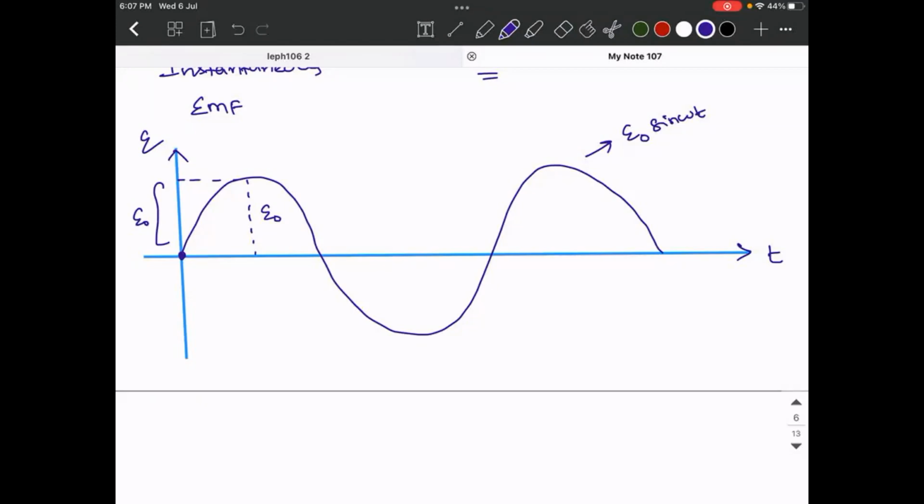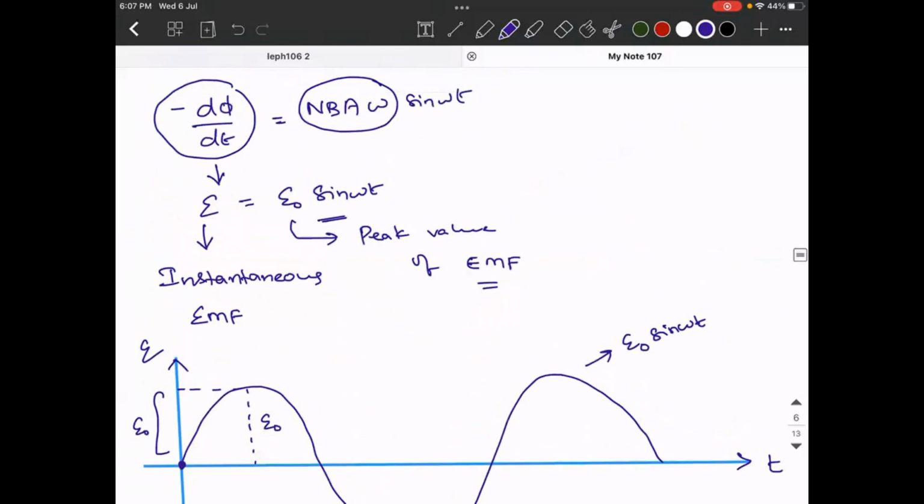Is this fine? See, that NBA omega, I want you all to remember. It is used in problems also. Is it clear?